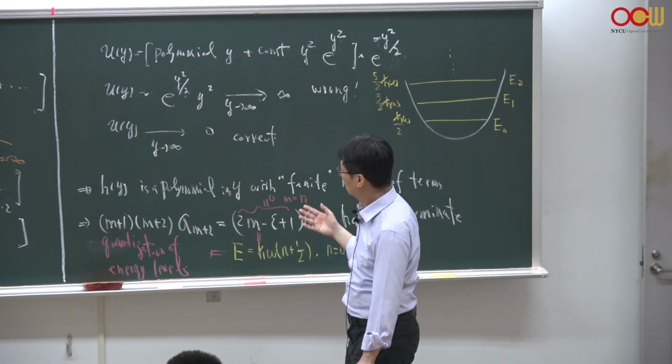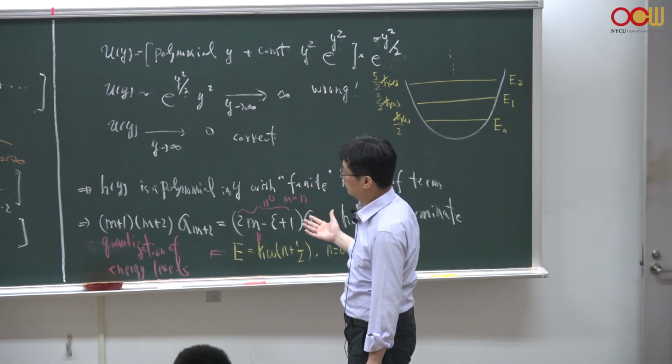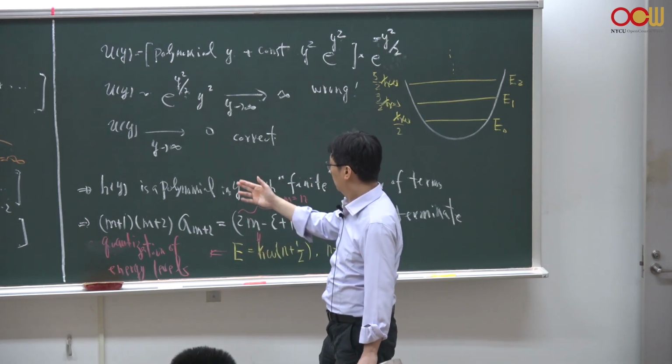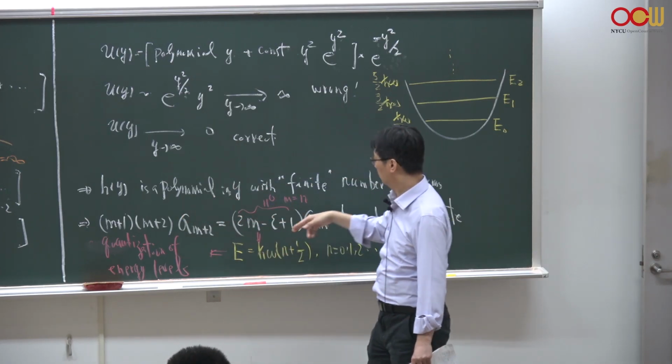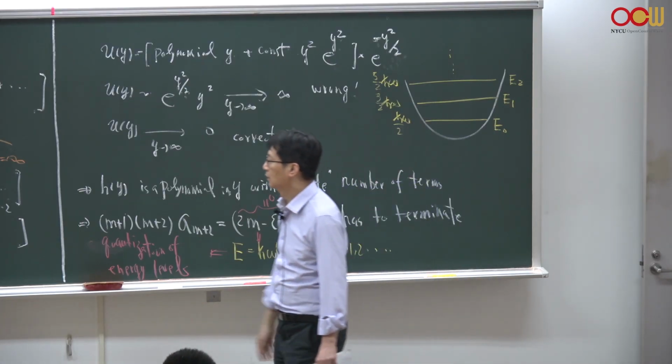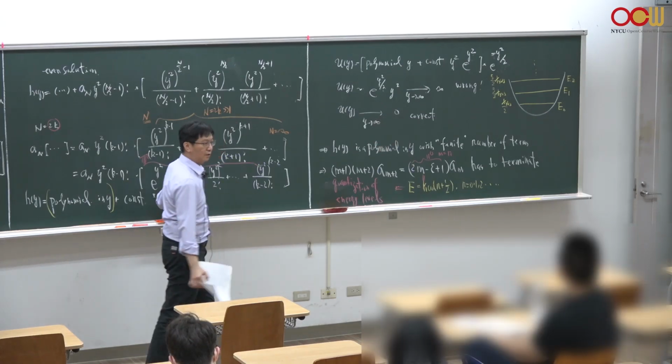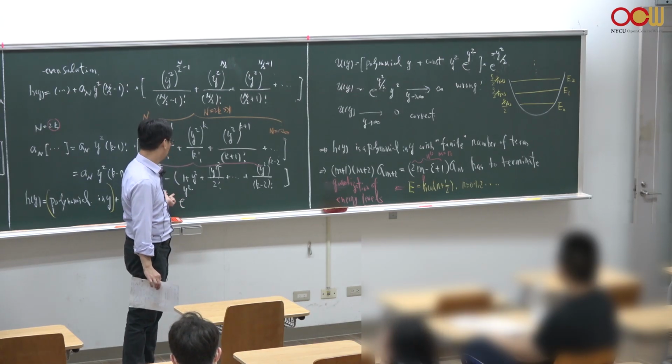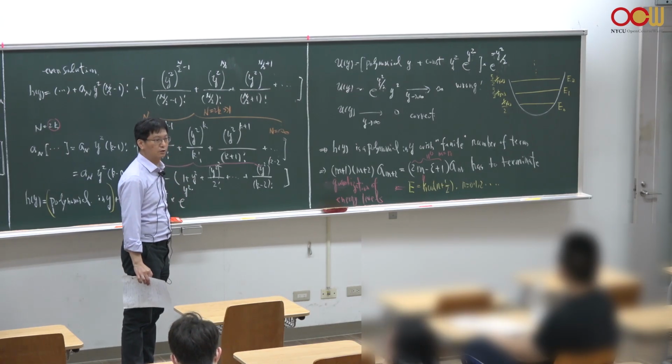Well, the thing that went wrong is that we assumed that this h of y is a polynomial with an infinite number of terms. Okay, because exponential function really could be regarded, in the Taylor expansion sense, as having an infinite number of terms, a polynomial in y.